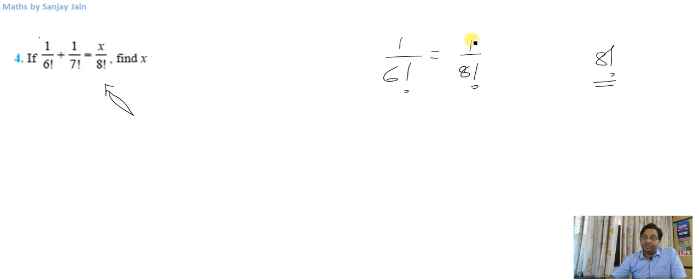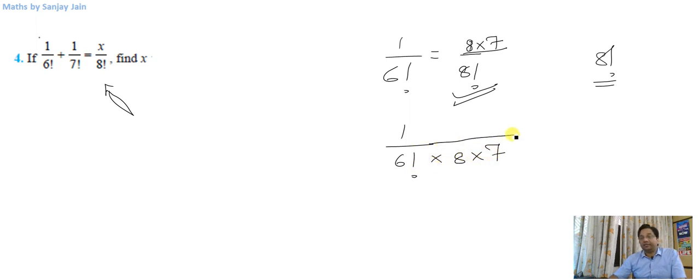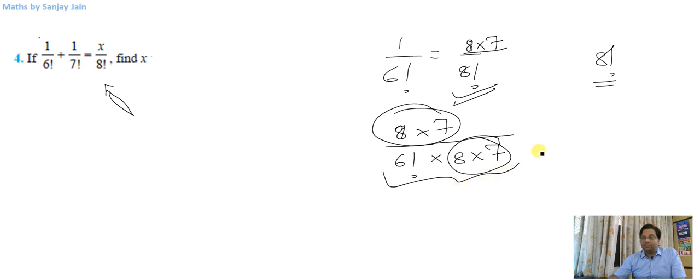Now I need to multiply the numerator with 8 into 7. Only then I can write the denominator as 8 factorial, because 6 factorial was there. So I have multiplied the denominator by 8 into 7, so I have to multiply the numerator by the same number. Now the denominator has become 8 factorial and the numerator is 8 into 7, 56.